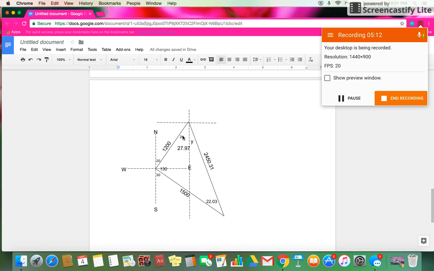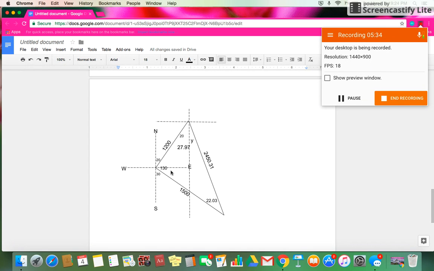And then to find the measure of this smaller angle, which ends up being 20, you have to realize that this line and this line, both the horizontal lines and the bearings, are parallel, which means this angle is the alternate interior angle to this one, which means they're both going to be 20 degrees.